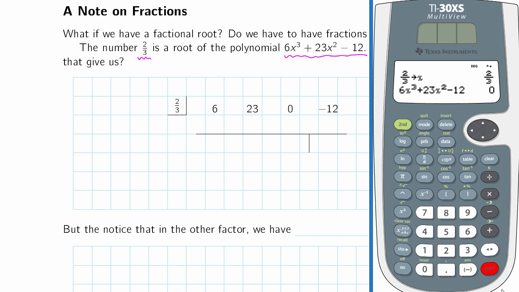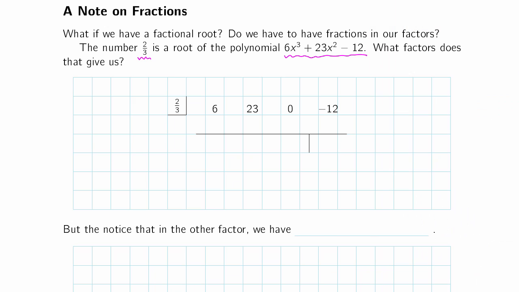I really do get 0. When x is 2/3, that polynomial really does evaluate to 0. That tells us, well, x minus 2/3 should be a factor.